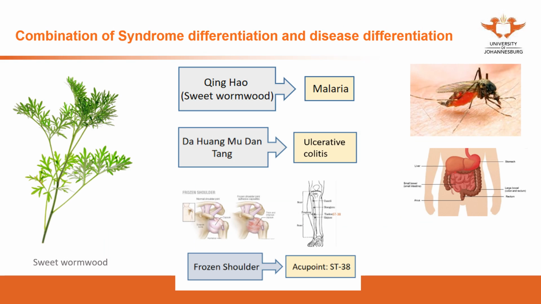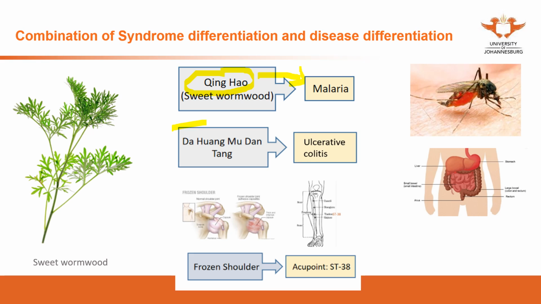Apart from the syndrome differentiation and treatment variation that we have mentioned in the previous slides, there's another approach, disease differentiation, that can also be used in our diagnosis, although this is not very common. For example, a patient suffers from malaria. We may use Qinghao, sweet wormwood, to treat the malaria. A patient suffers from ulcerative colitis.